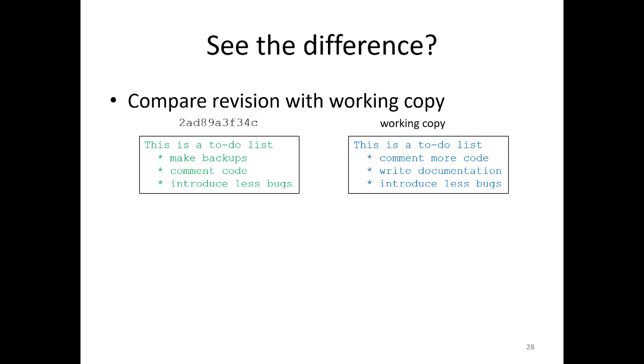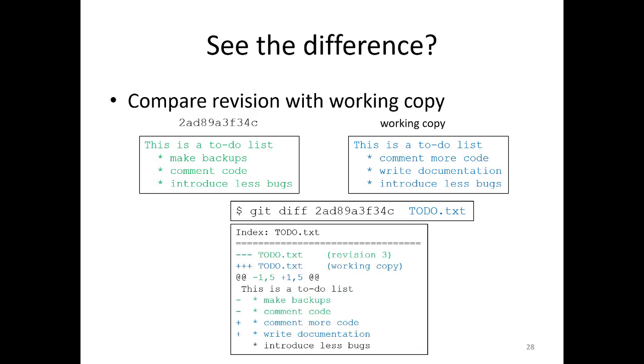Essentially the first bullet item has been changed, and also the second bullet item, while the third actually remained. Okay, so you can do a git diff commit ID and the file name.